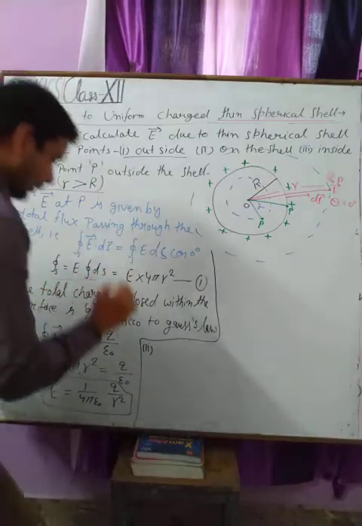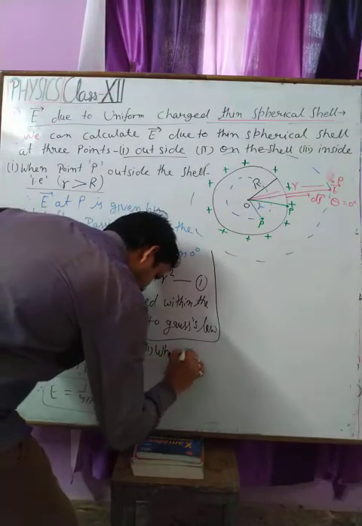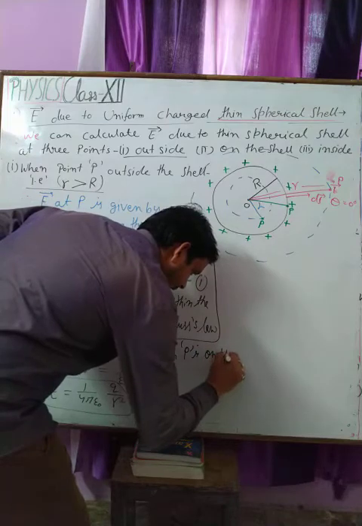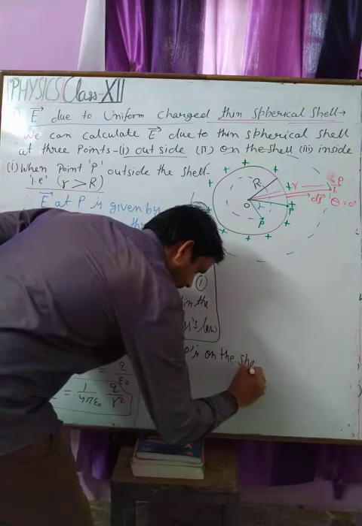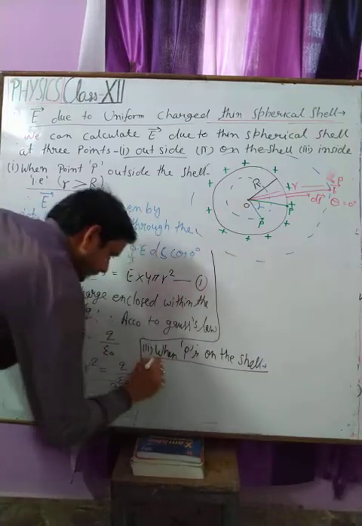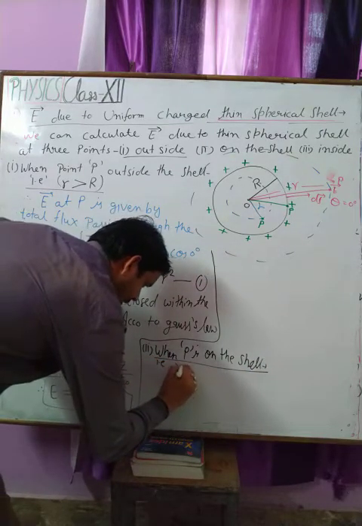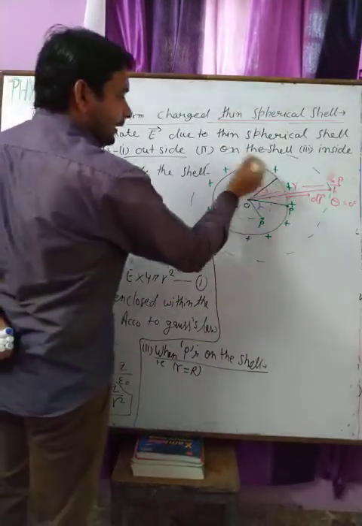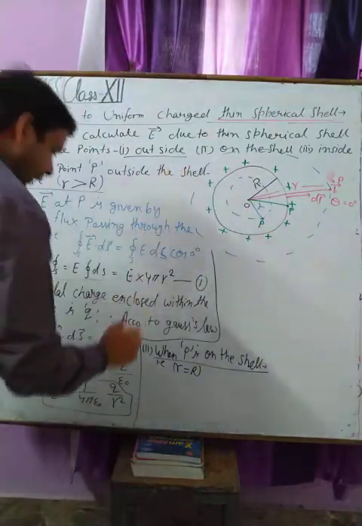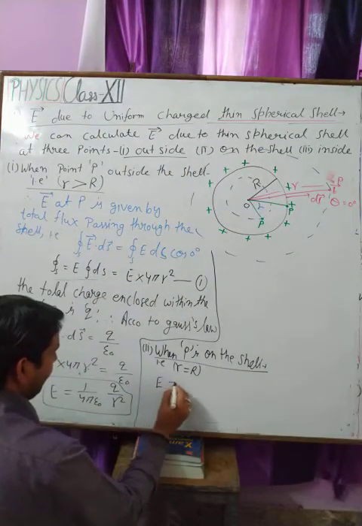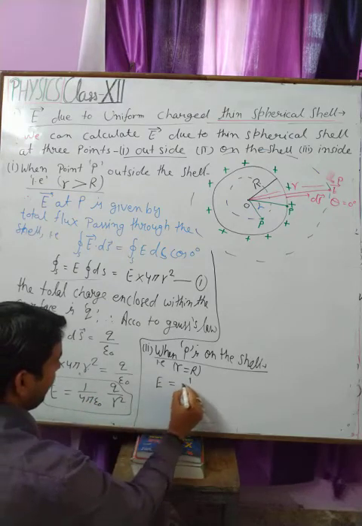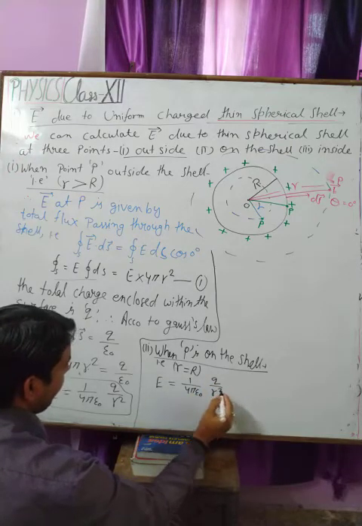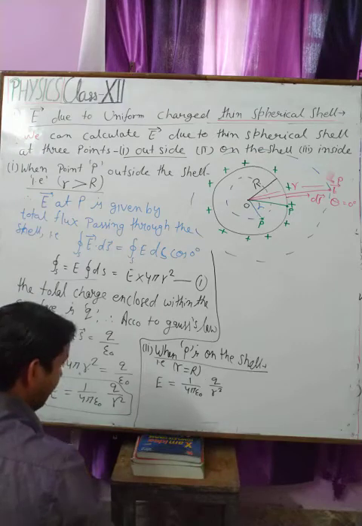The second case is when P is on the shell, that is, small r is equal to capital R. So students, it is again like a point charge, and at P the value of the electric field is given by the same formula, 1 upon 4 pi epsilon naught, Q upon r square, and we have the value of r square as capital R square.